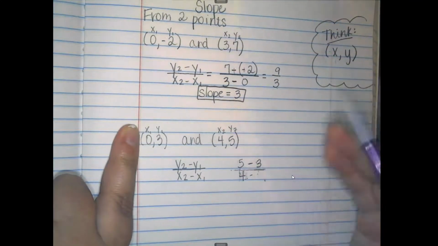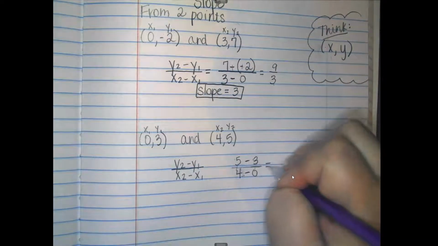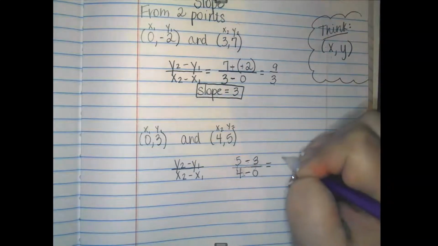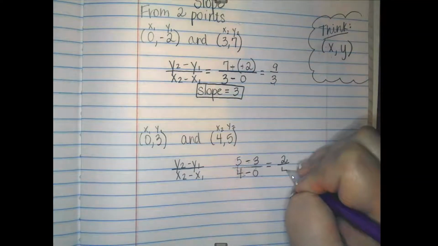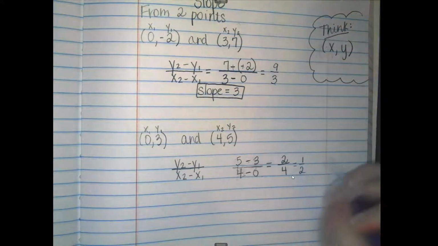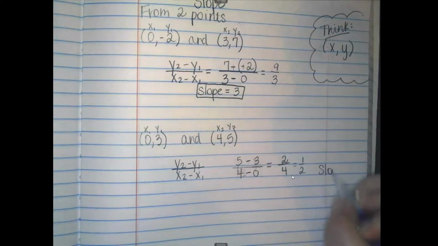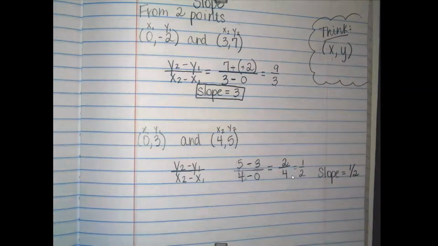So erase that and put 0. 5 minus 3 is 2. 4 minus 0 is 4. 2/4 can be simplified to 1/2. So my slope is 1/2.